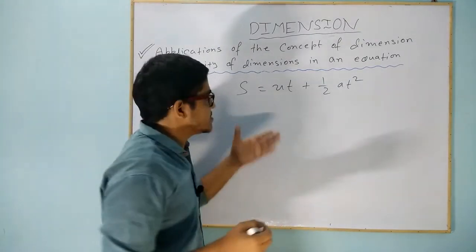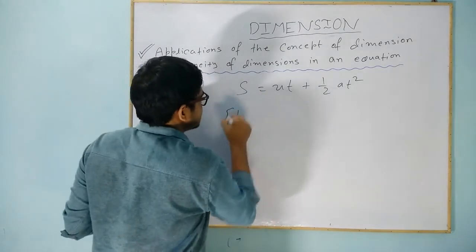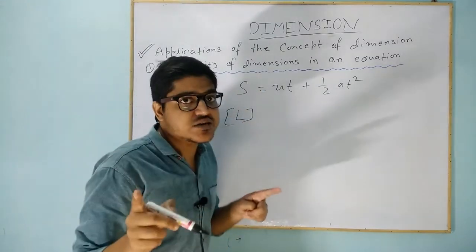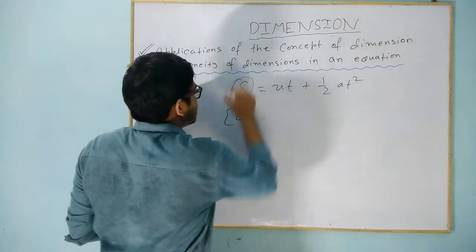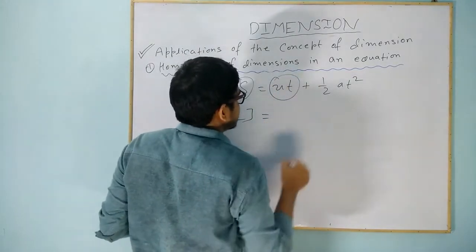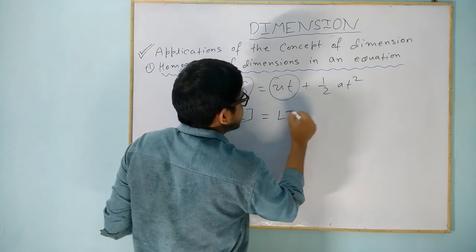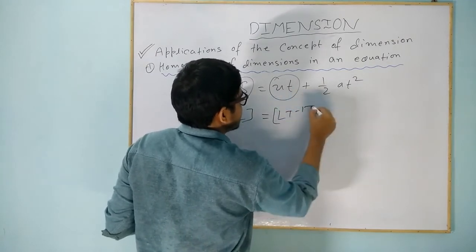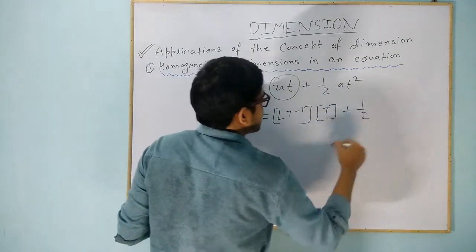Let's check whether this equation is dimensionally correct or not. Distance dimension would be L. The dimension of each term should be same for this equation to be dimensionally correct. So the dimension of S came out as L. The dimension of ut would be u, that is velocity, meter per second, L t raised to the power minus 1, multiplied by t, time, plus half.